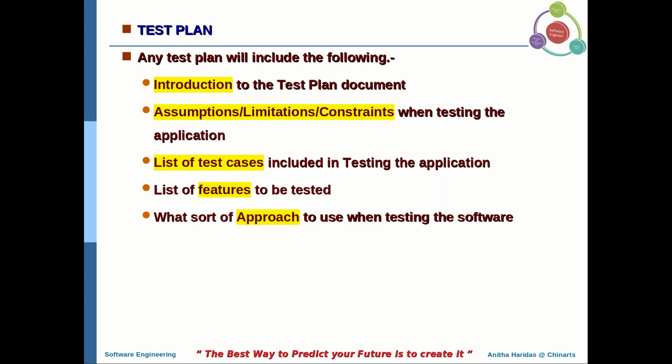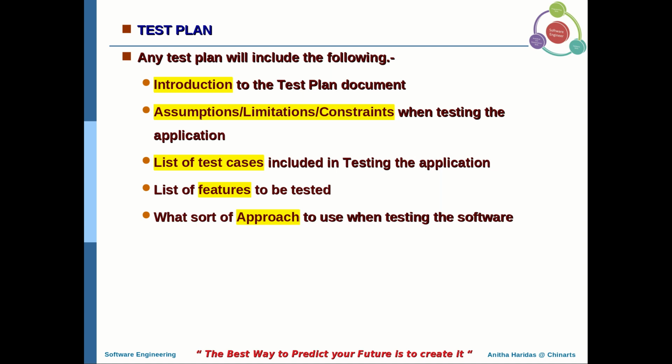Sometimes you want to test whether the function is executing all the statements in that particular code. So two aspects are there, right? One is whether the function is generating the correct output or not. Another is whether all the statements in the code are being executed. That is what you call approach.